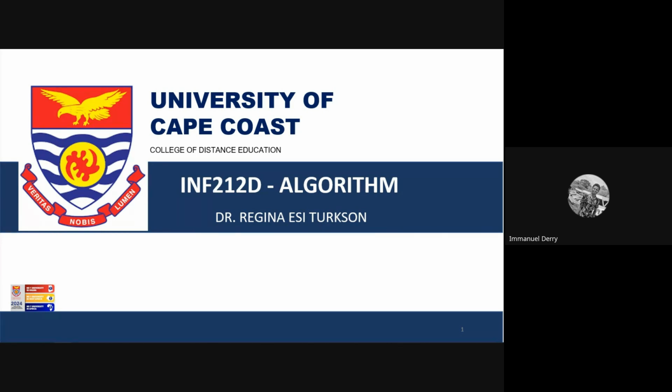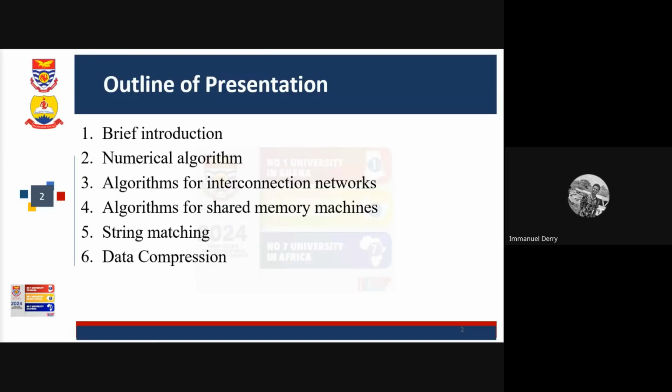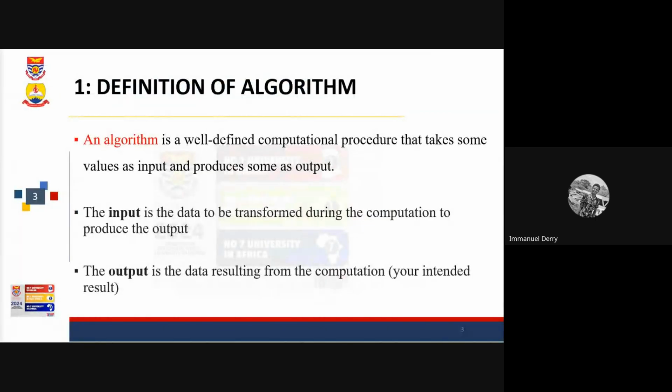This is algorithms. This is the outline, and some of your colleagues define an algorithm as a well-defined computational procedure that takes some values as input and produces some output. In that sense, every algorithm that we run should be able to take input, and if it takes inputs, then it should give you output.